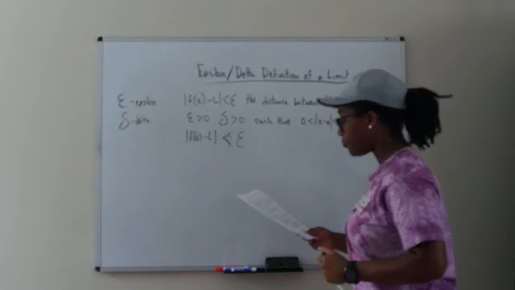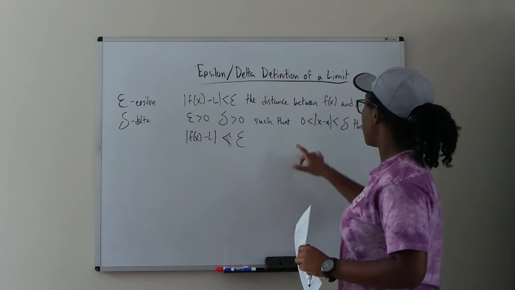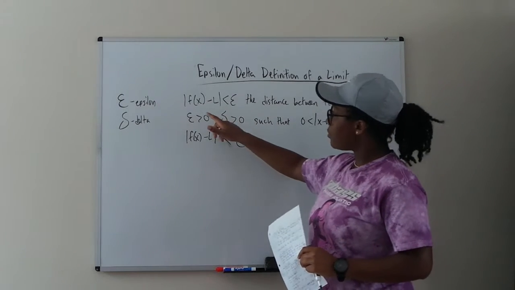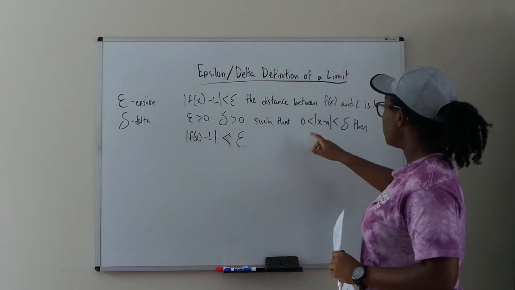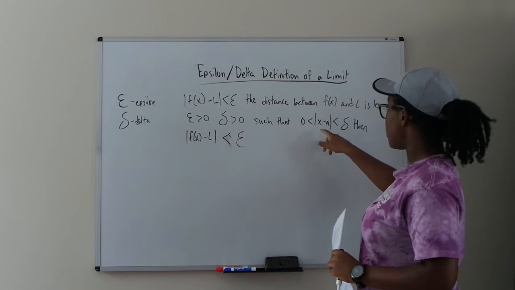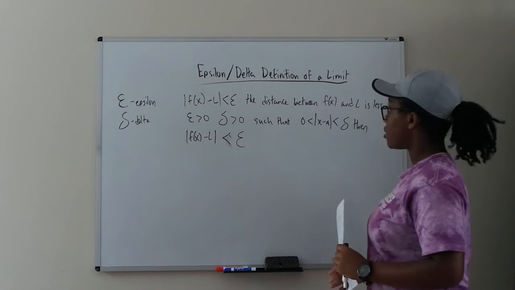Okay, so we have epsilon, we have delta, and we have these two statements. The absolute value of f of x minus L is less than epsilon, and 0 is less than the absolute value of x minus a, which is less than delta.